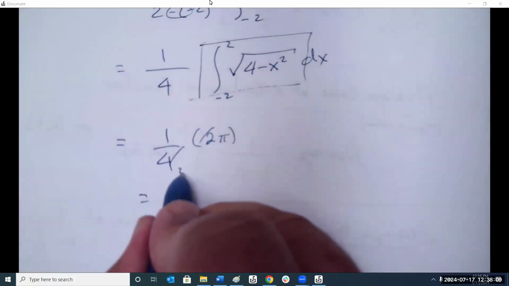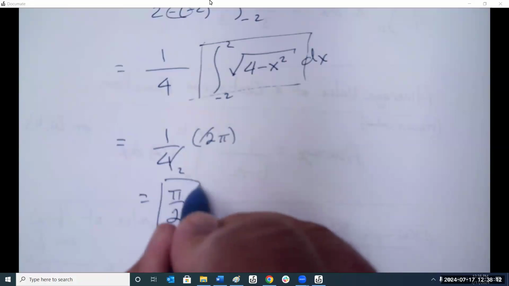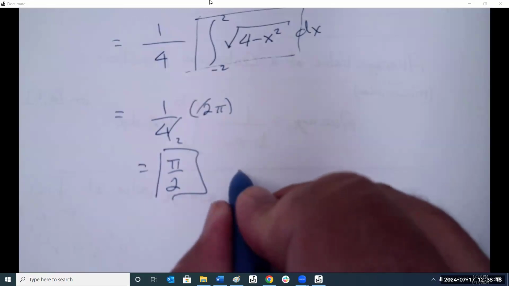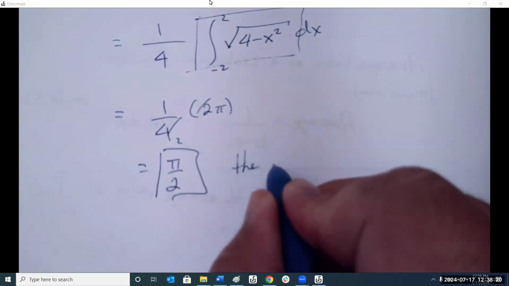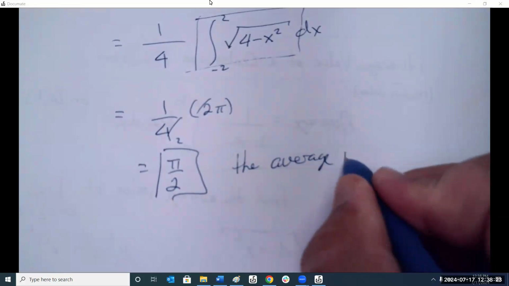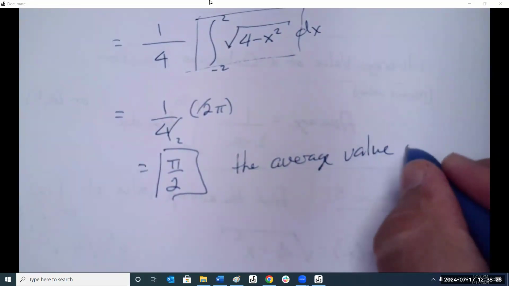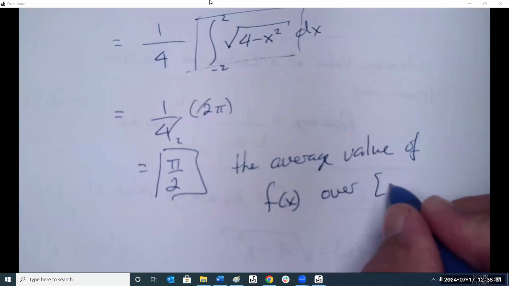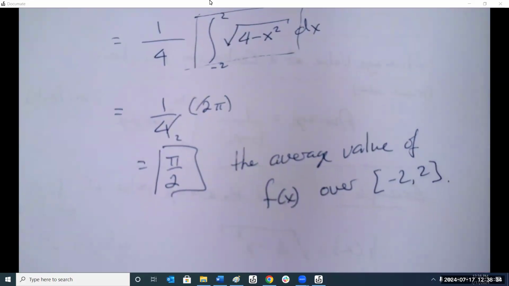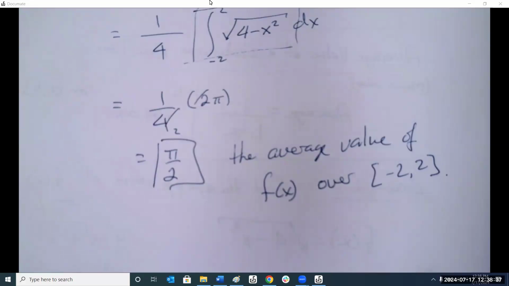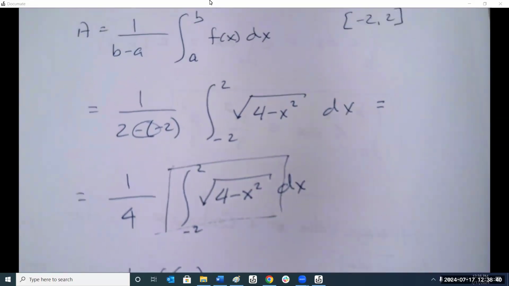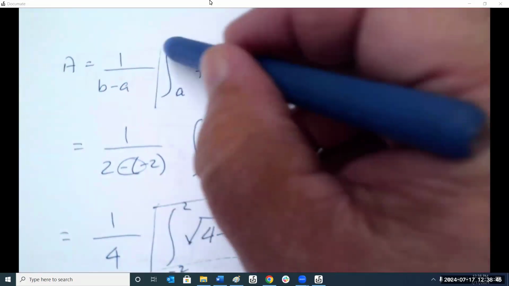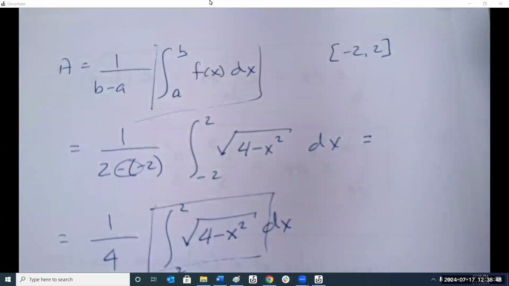So the average value of our function over the closed interval -2 to 2: all we have to do, remember, is that this finds the area under the curve.